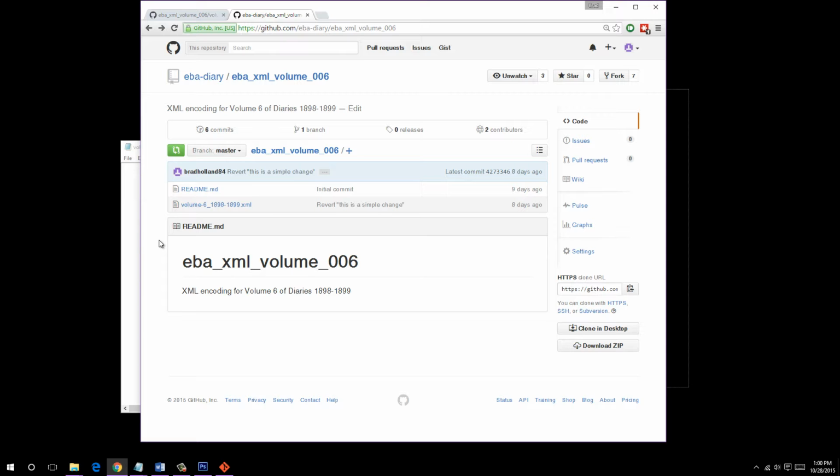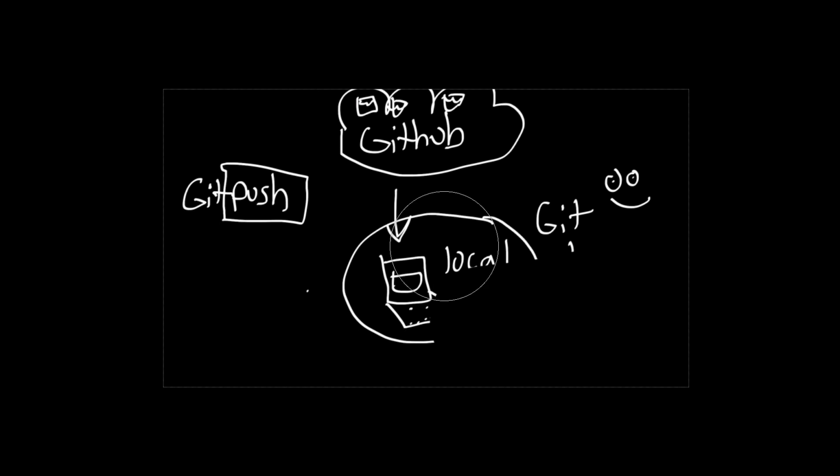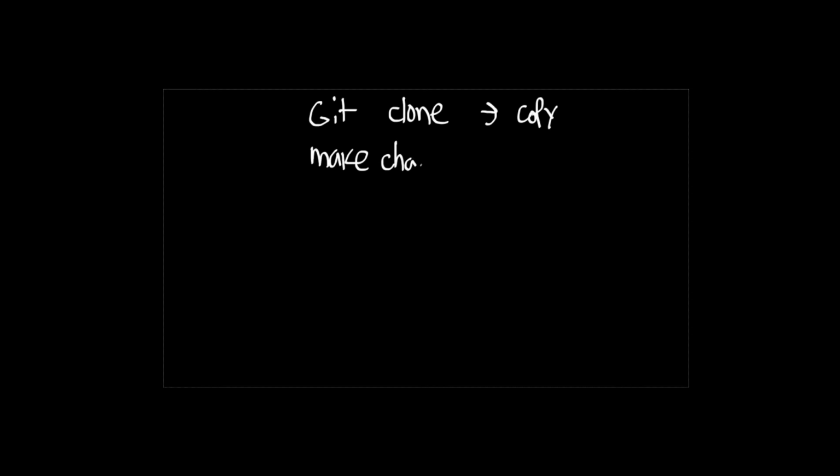All right, let's go over that workflow one more time. Let me clear this all out, and I'll show you what it looks like again. Real quick, you have to do git clone, which copies files, and then make changes. Basically what I did earlier with editing the XML document.